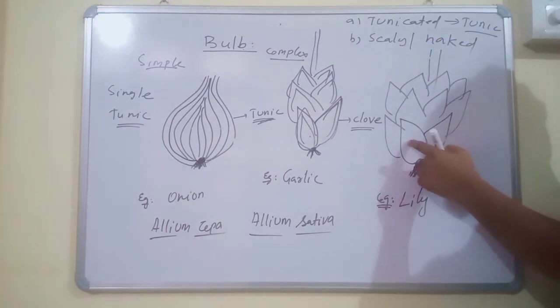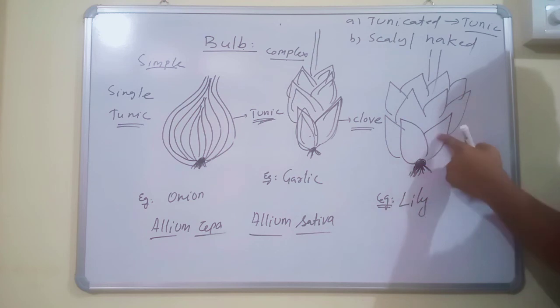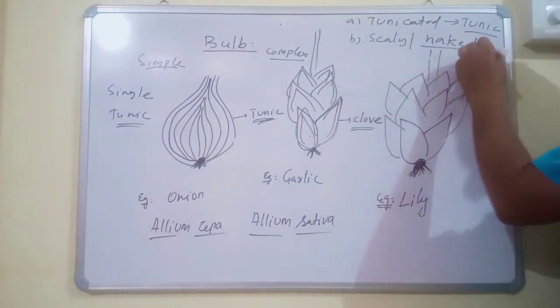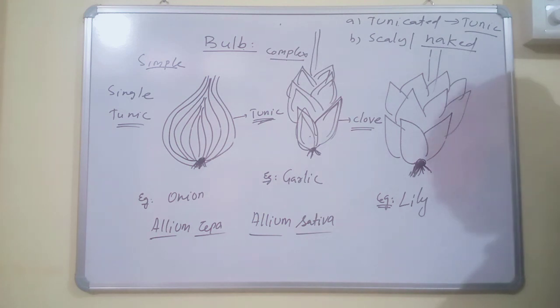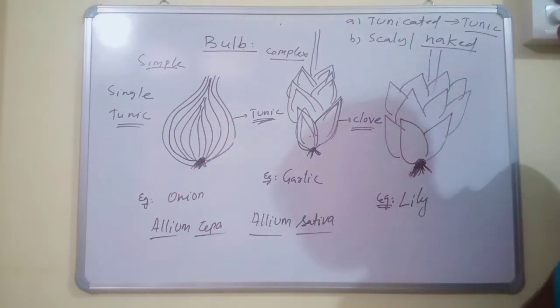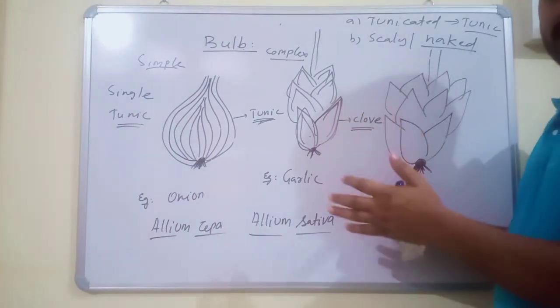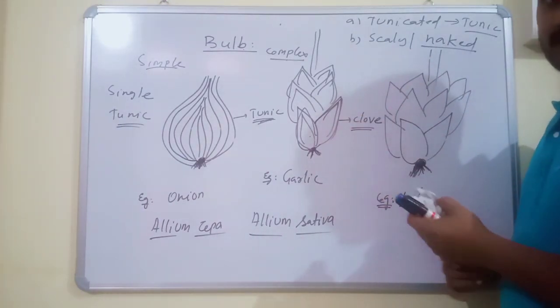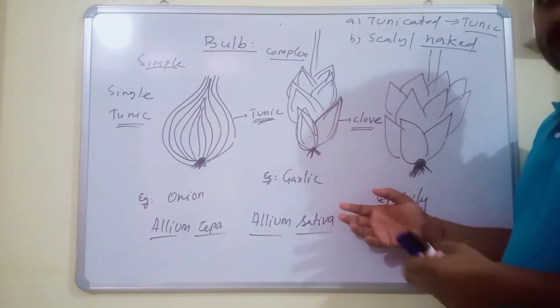So the fleshy scale leaves are not covered by a covering or tunic, so the tunic is absent and it is called a naked bulb. So this is one more underground stem modification. These are all the different types of underground stem modifications. So with this video, the stem, the second vegetative organ, is completed.